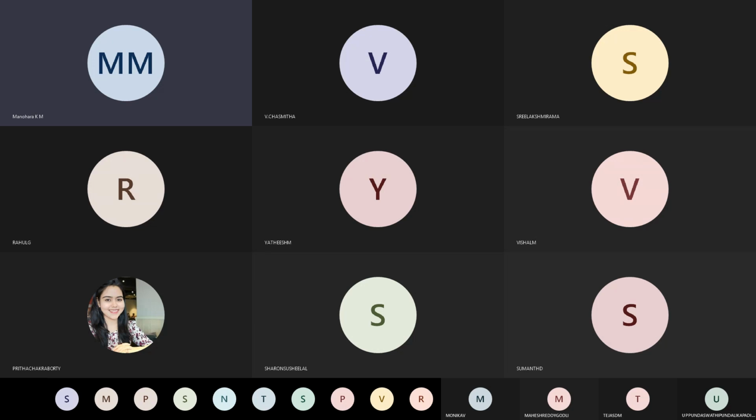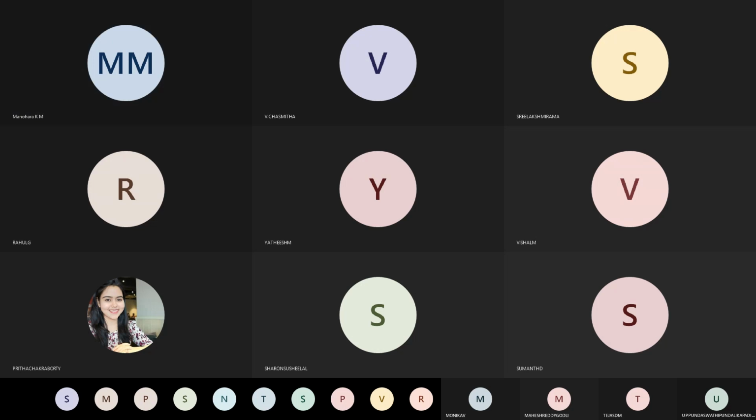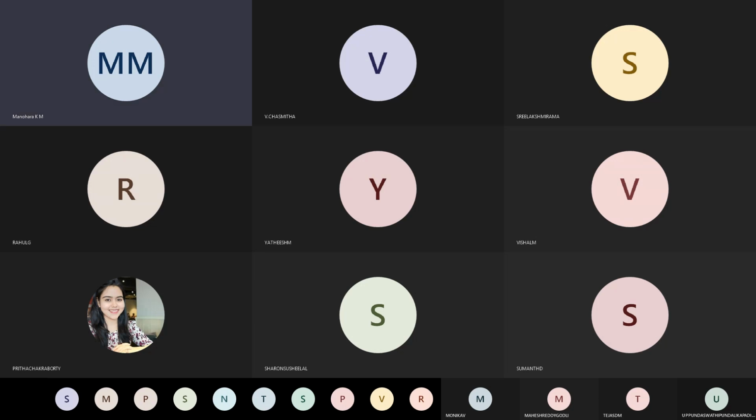So we have a third repetition, that is 1 by root 2 into a matrix of x0, x1, x2, x3.